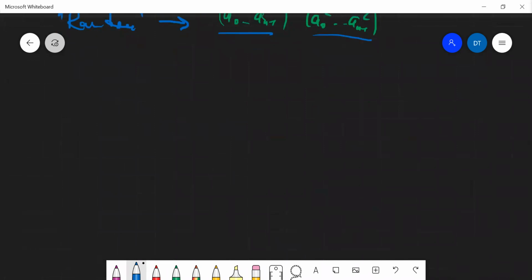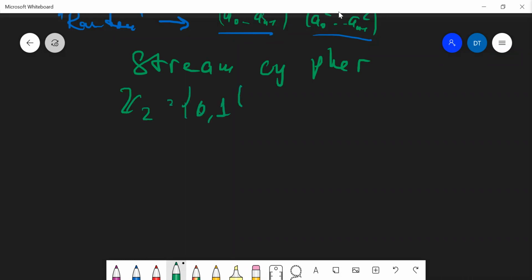And here is the application of a random generator. It's called a stream cipher. So now I want to be in a very simple situation. Let's take Z2, which contains 0 and 1.